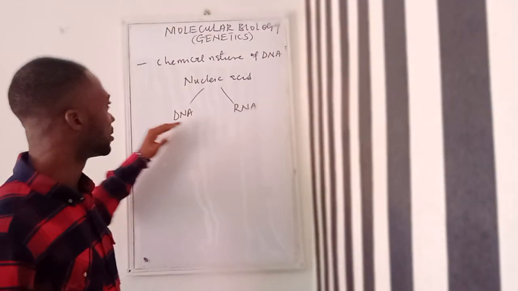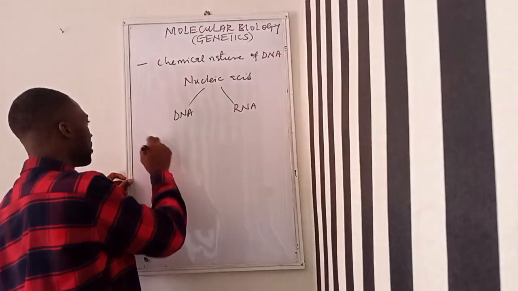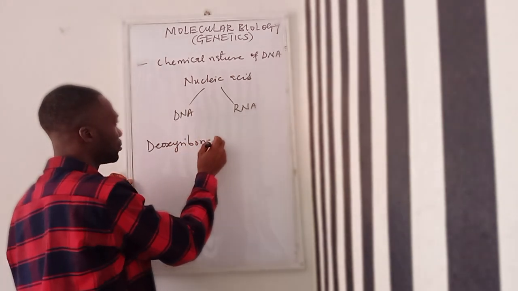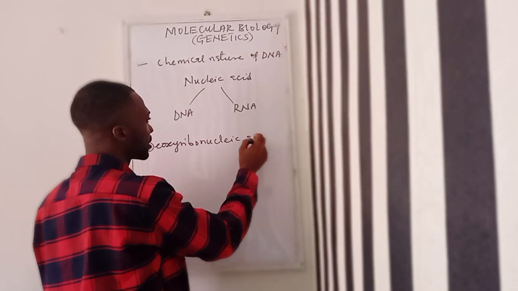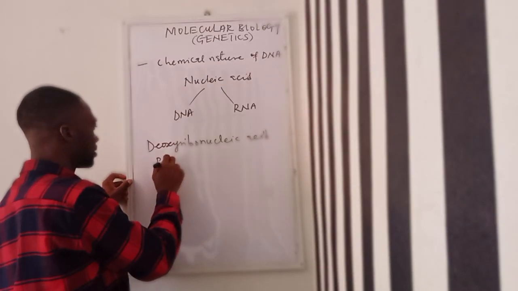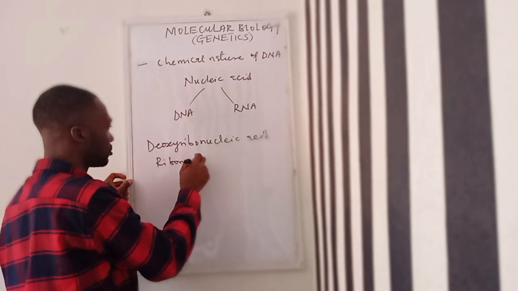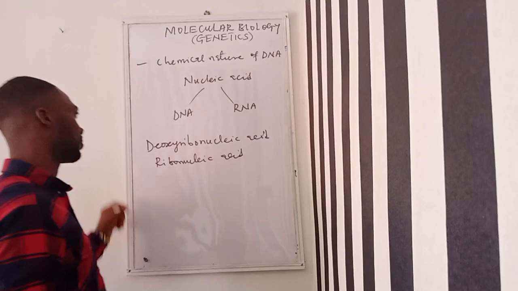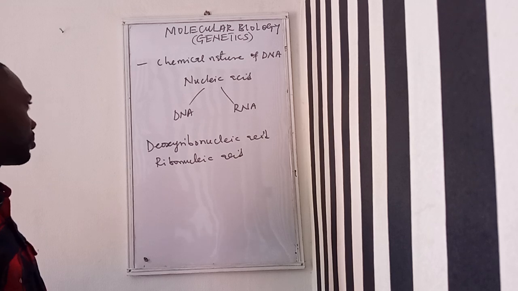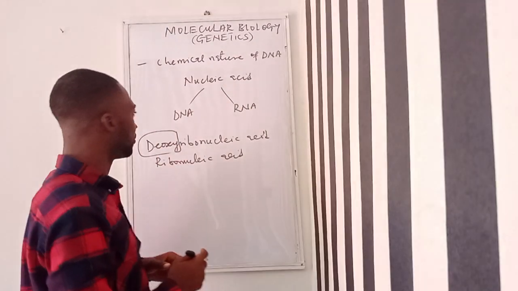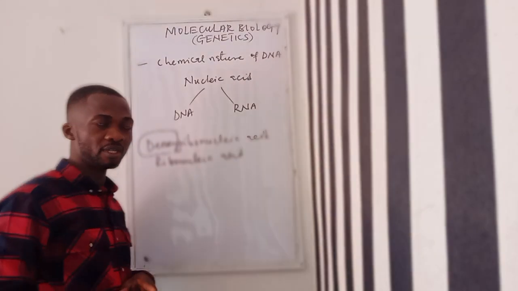When we talk about DNA, we're talking about deoxyribonucleic acid, and RNA is ribonucleic acid. So if you remove the deoxy from that of DNA, it will give you RNA.